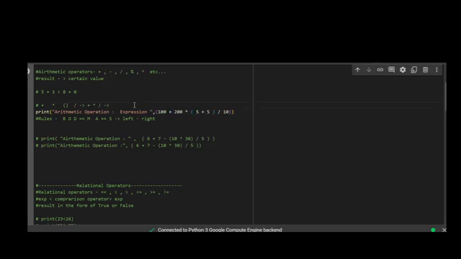So 5 plus 5 is 10, multiplied by 200 is 2000. Now what I have pending is plus and division. I know till now the answer is 2000, because 10 multiplied by 200 is 2000, right? Now plus and division, what is my priority? Division will have the precedence. So 2000 divided by 10 will be 200.